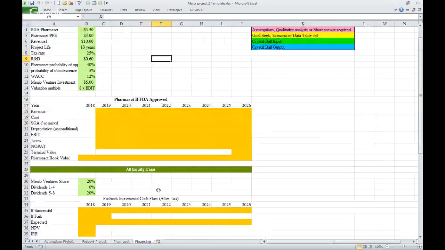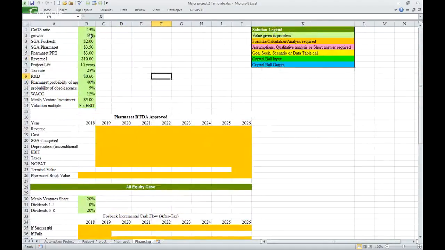In that case, what happens is that investors are joining the company. I mean, they're ready to provide investment into the company, into the project. The project's life is 10 years.